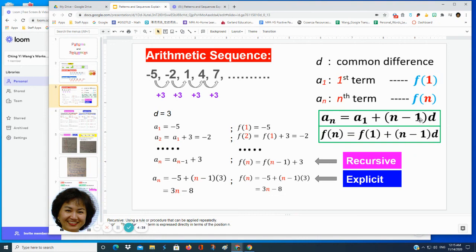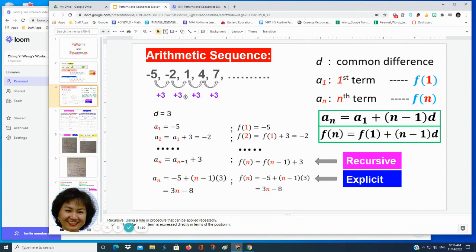This is the explicit way. The nth term equals the first term plus (n minus 1) times d. What does that mean? You can use this example. We already know our first term is negative 5. And to go to the next term, we have to add 3. Every time we want to go to the next term, we just add 3 to the current term.